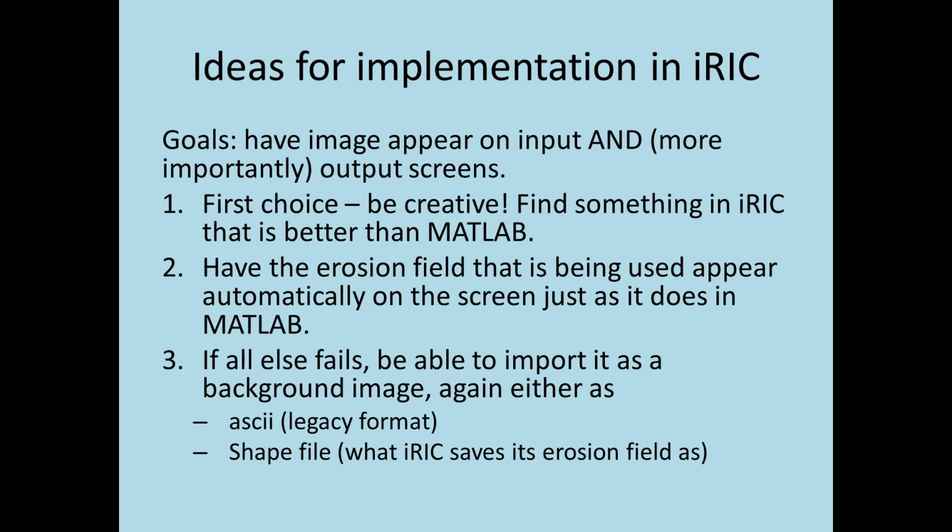Number 3 here, if all else failed, and having it automatically appear takes too much time to implement. Here I admit that I'm making the assumption that you could probably do almost anything if you had enough time. But at any rate, if that was too time consuming to implement, then we'd like to import the key erosion field as a background image.